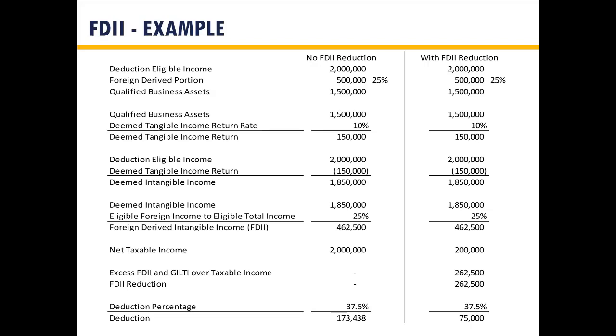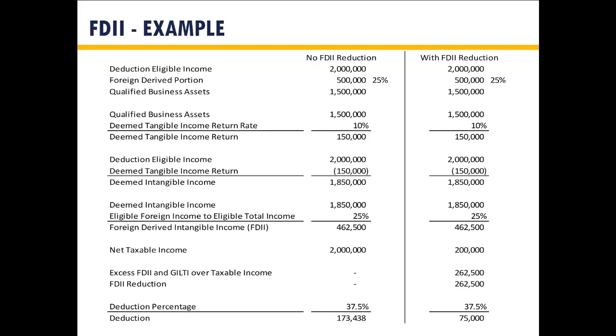That deemed intangible income, we've got to figure out how much of that is foreign. We apply that foreign derived portion of deduction eligible income ratio to deduction eligible income of 25%, which gives us the foreign derived intangible income, or FDII, the number we're looking for, of $462,500.